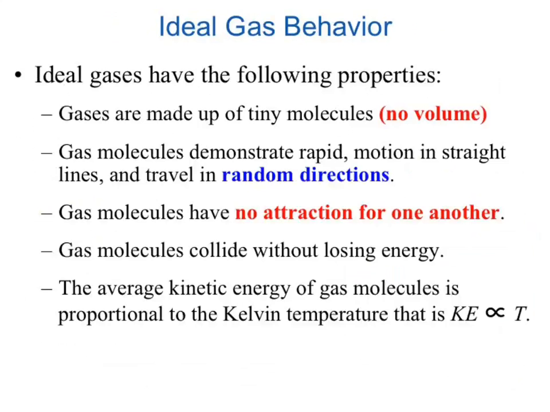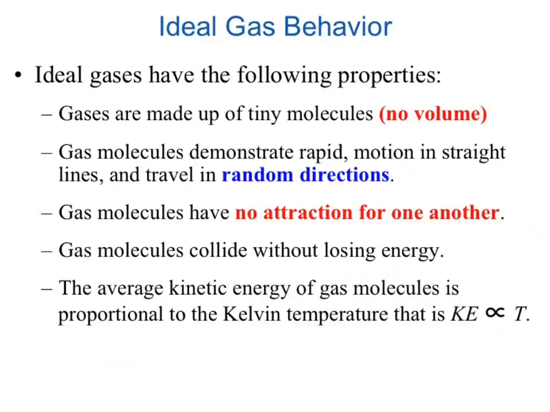Another big, huge impact when we're looking at gases is they have no attraction to one another. They're like rubber balls that hit each other and bounce away from each other. There's no gravitational field. There's no positive, negative attraction. They completely are ambivalent to each other. So if they hit, they completely bounce away.